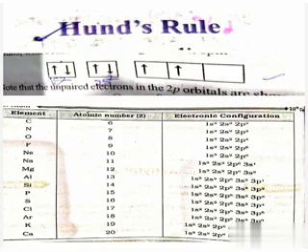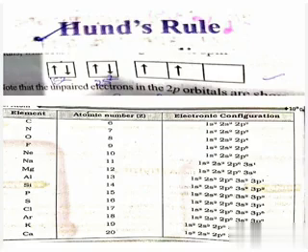Aluminium, atomic number 13: 1s2, 2s2, 2p6, 3s2, 3p1. Next, silicon, atomic number 14: 1s2, 2s2, 2p6, 3s2, 3p2.